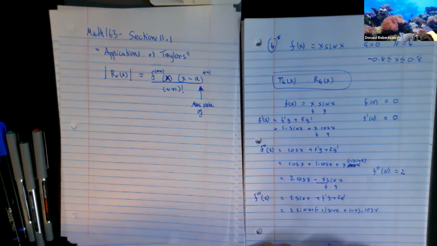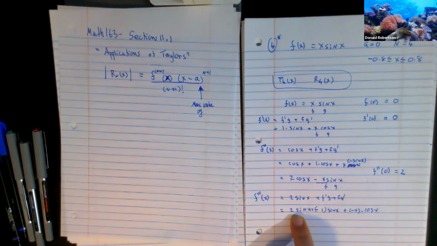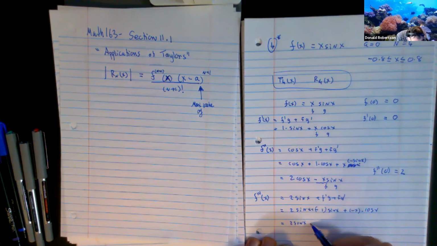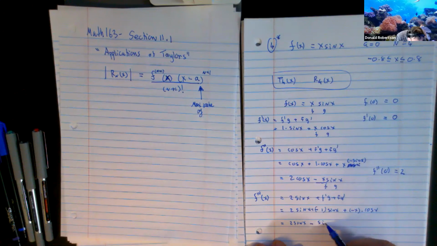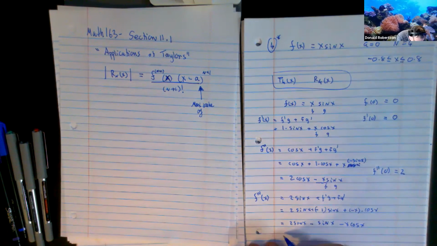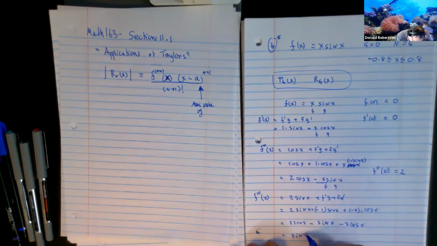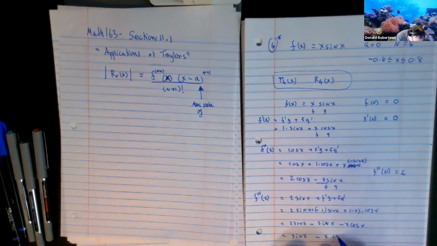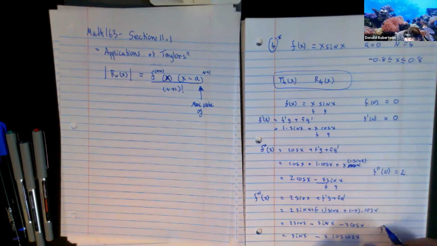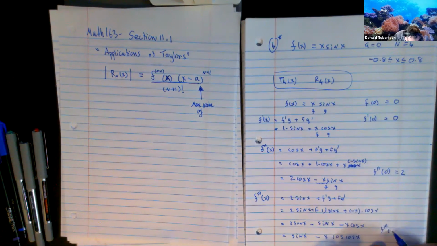What does that get me? It gets me negative 2 sine x, take away sine x, minus an x cosine x. So I get negative 3 sine x, take away x cosine x, and I get a third derivative at 0.